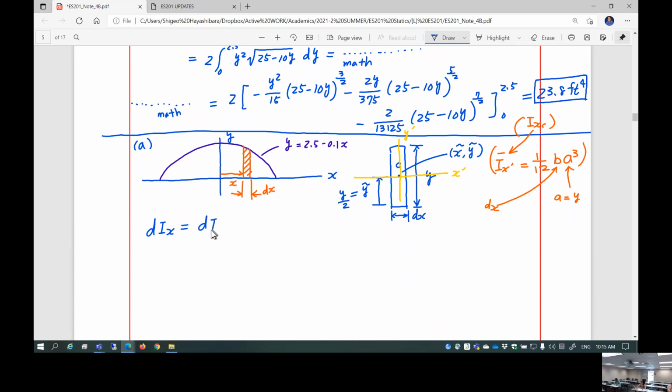This is going to be dIx prime bar, which is by the way IxC because it's the centroidal axis, plus dA times y tilde squared. Those are the parallel axis theorem terms.